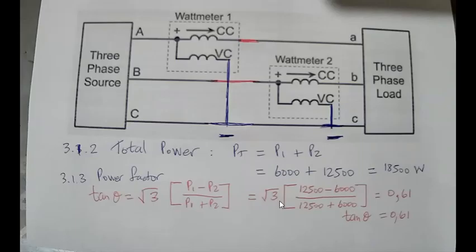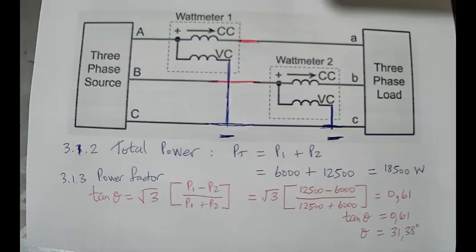Don't forget that it is tan theta that is equal to all of this. So tan theta equals 0.61. Finding the angle, moving tan to the other side, we'll get theta equals 31.38 degrees. Now, we need to find the power factor. This is not the answer. Notice the question said power factor.